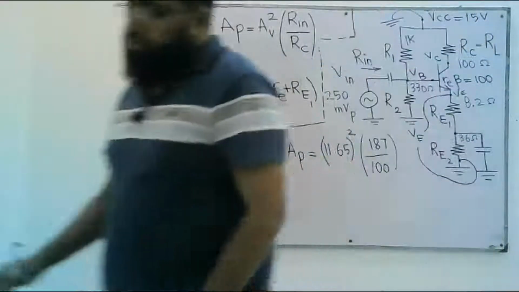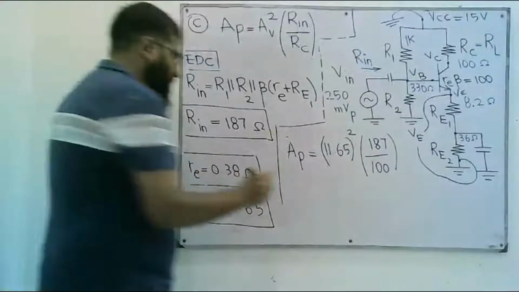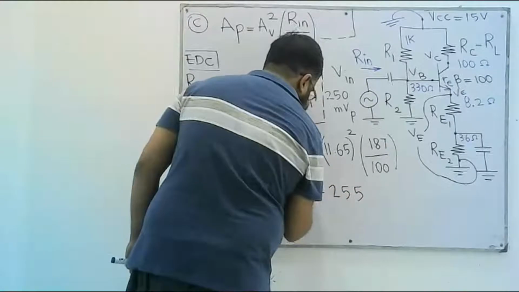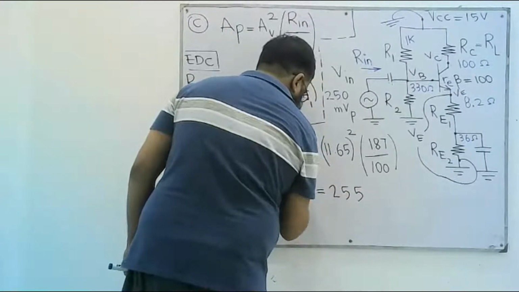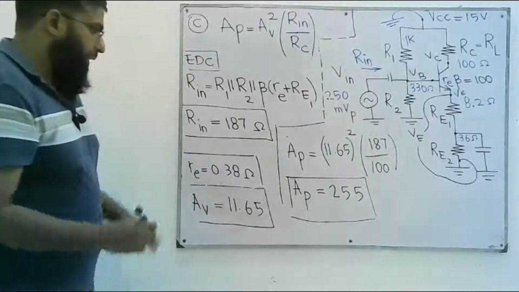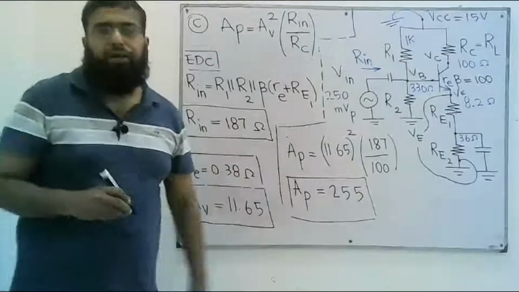Solving this gives us AP approximately 255. So this is the power gain for this amplifier.